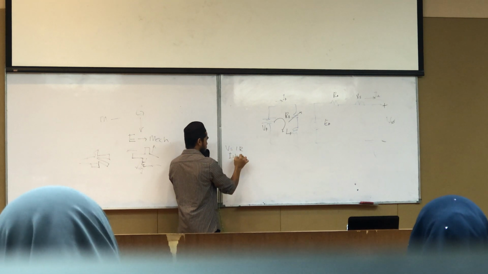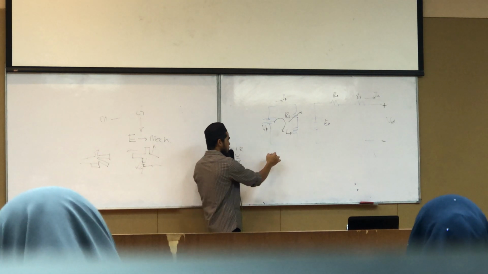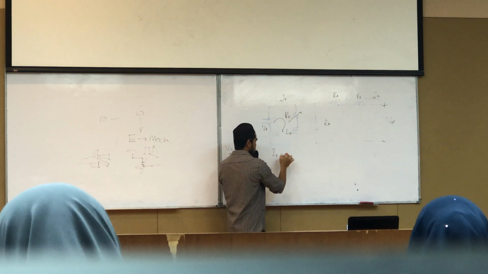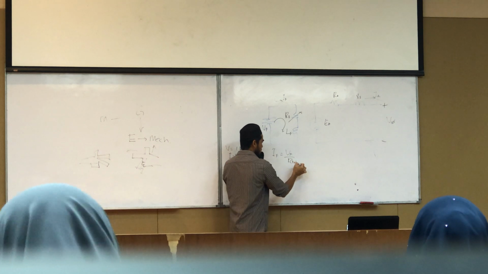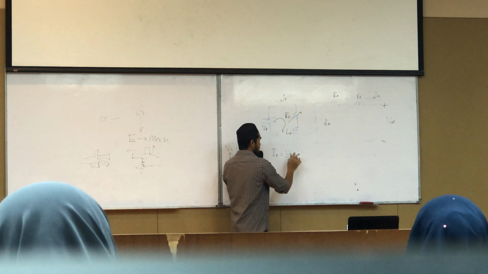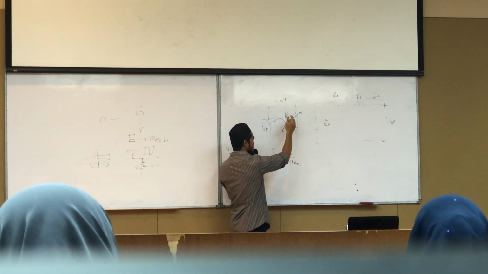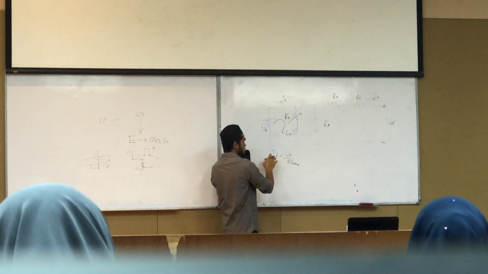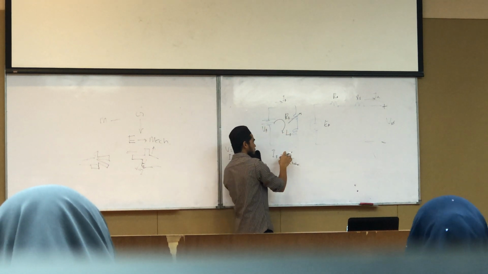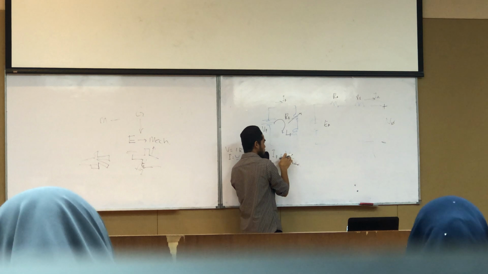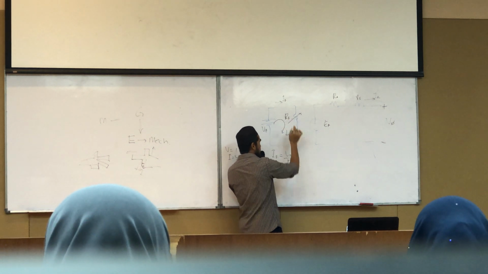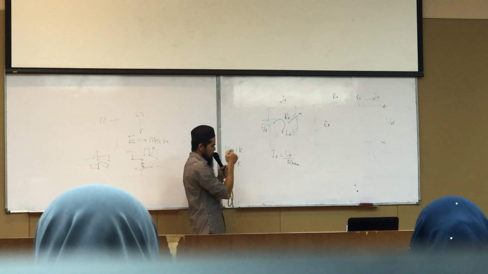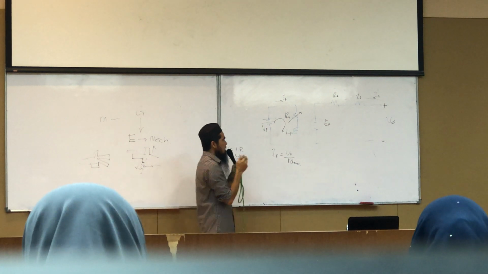Or I equal to V over R. So you can write here IF equal to VF over R total. Later dia ada RF, mungkin dengan RS kat sini. So R total lah. So how much is your IF? You can divide V field that you apply here, divide by R total for that circuit.